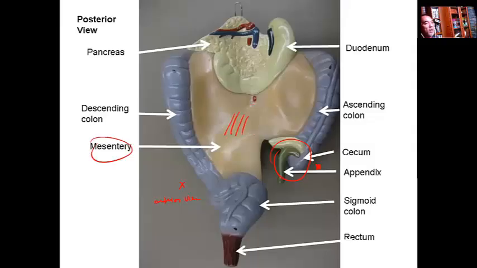And at the back of the mesentery is going to be the jejunum, the ileum. But I'm looking at the posterior view. So this is the appendix, the cecum. So this is ascending, transverse, descending, sigmoid, and rectum.